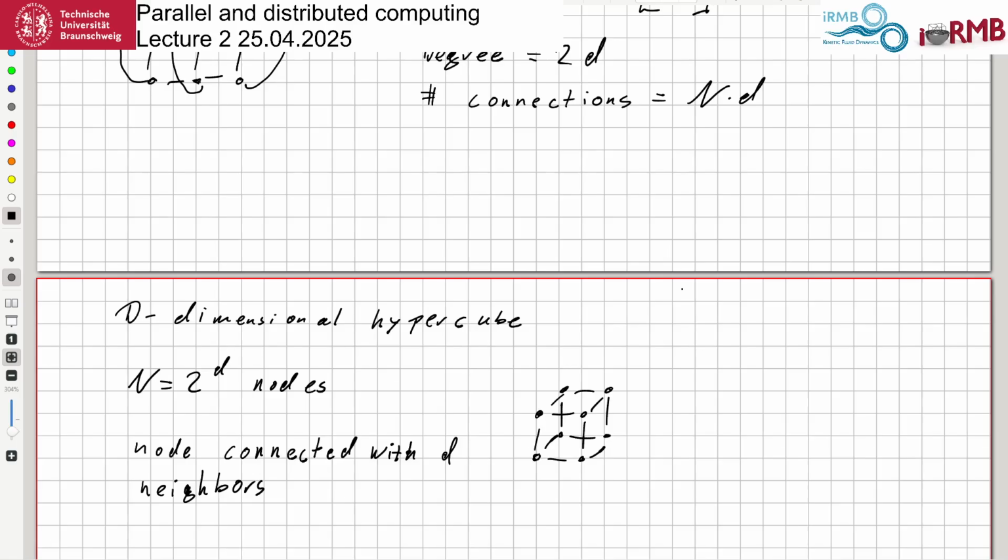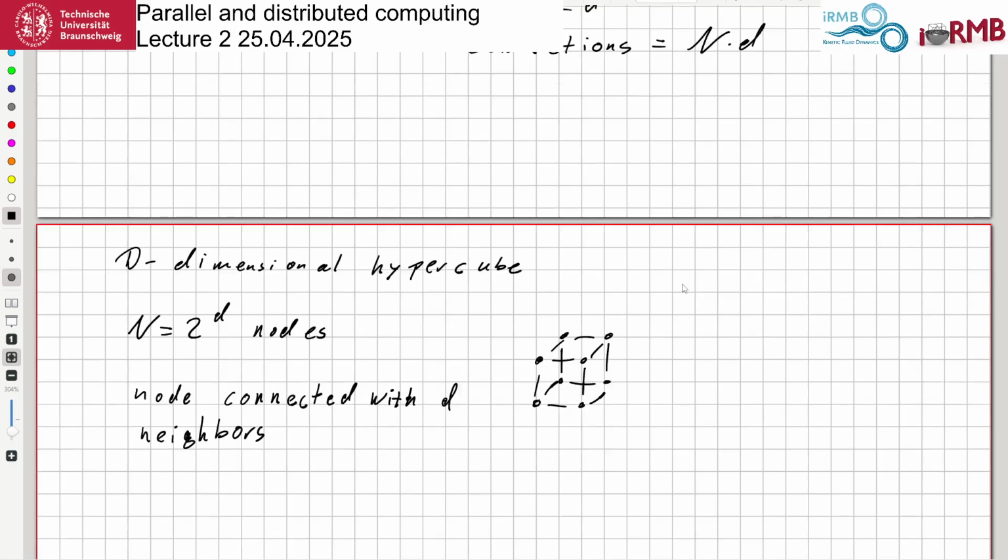And here, this is the beauty in this, the positions can be indexed by d bits. Say this is three-dimensional, so we have 3 bits. So the first here would have 0, 0, 0.